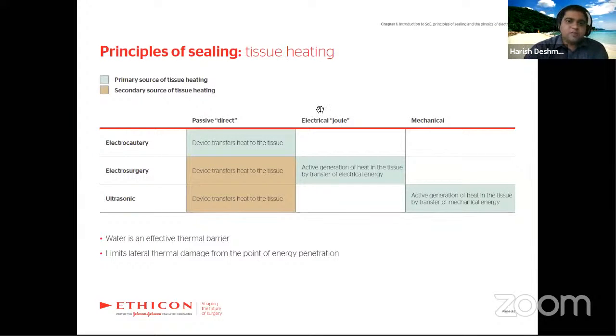So the principles of tissue healing when it comes to tissue heating: we have three things mostly used currently: electrocautery, electrosurgery, and ultrasonic. When I say electrocautery, it is not the regular monopolar pencils which you are using. You heat up the device using electricity, and the heated device is used on the patient to coagulate the bleeders.